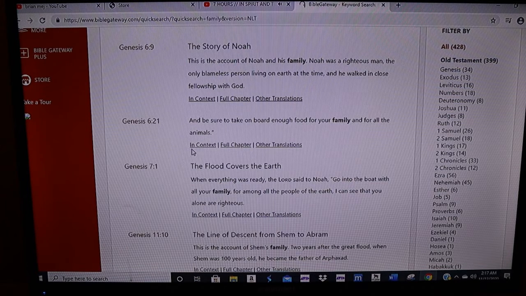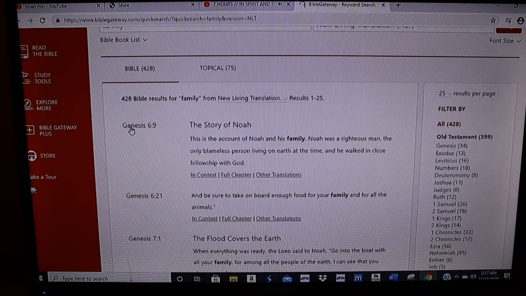Now, for better understanding, it's best that you read the entire chapter that the verse is found in. For example, this one says Genesis 6, so that first number is the chapter, and then the second number after the colon is 9, which is the verse.